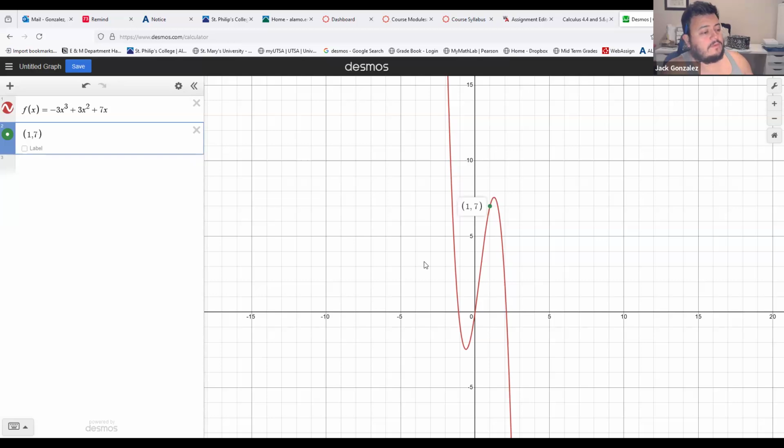So here's my inflection point. Notice that we're concave up before this point, from negative infinity all the way until we get to 1. Then after 1, we're always concave down. That's what we're doing. We're finding out when it's pointing upward or downward by using derivatives.